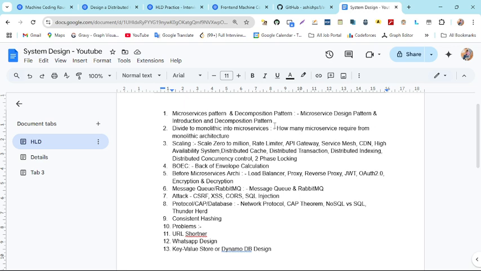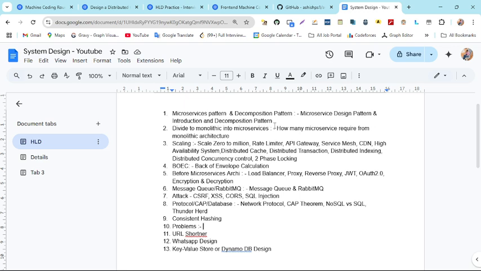Now we come to CQRS. What is CQRS? As I mentioned, there are different ways of choosing the database. Either we choose a shared database, or an individual database for each microservice. If we choose a shared database, there might be a single point of failure.